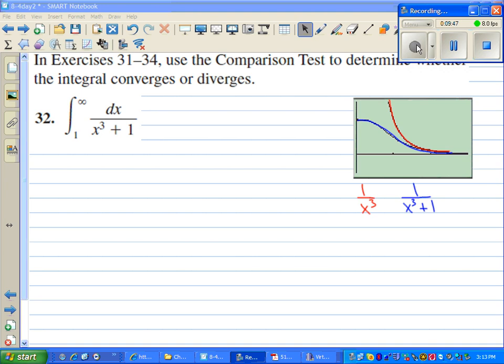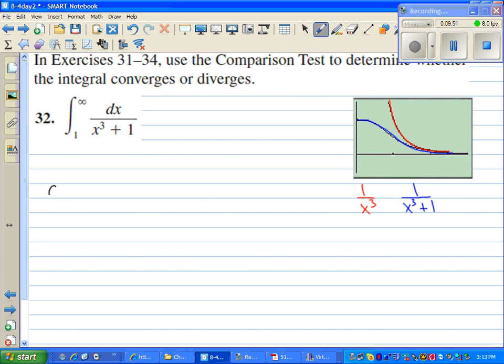So we have 0 is less than the integral from 1 to infinity of dx over x to the third plus 1, which is less than the integral from 1 to infinity of 1 over x to the third. So if 1 over x to the third converges, then our original function will converge as well.